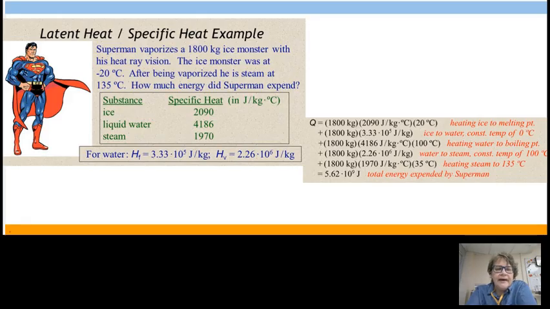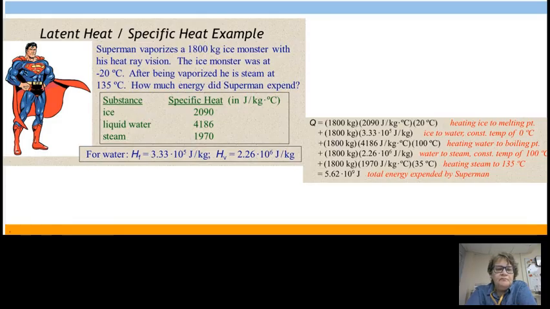So we know that we're using an ice monster, so we know that we're using water. We know that the specific heat of ice is 2090. Again, that would be given to you. Liquid water is 4,186, and steam is 1,970.